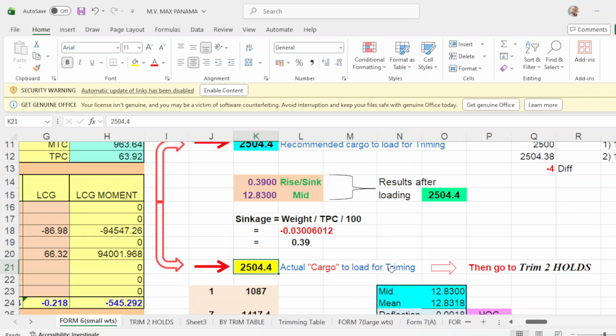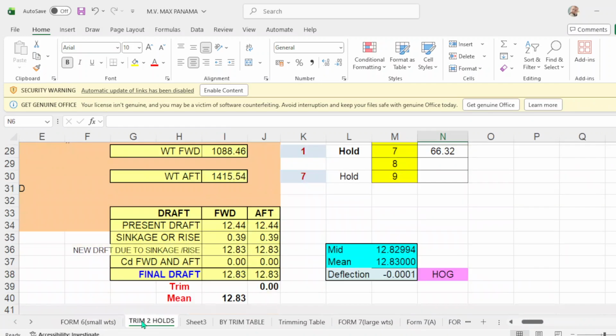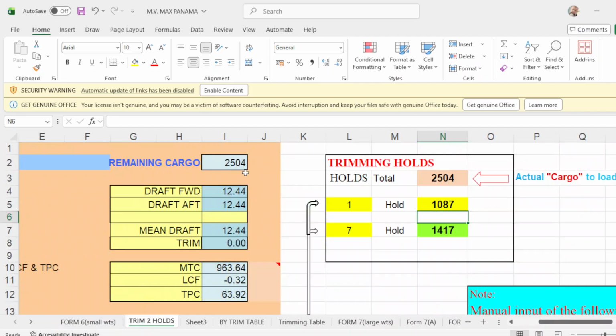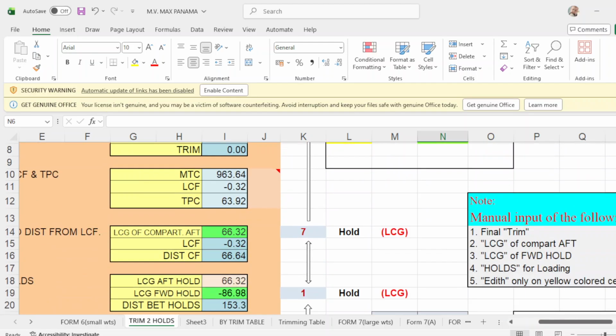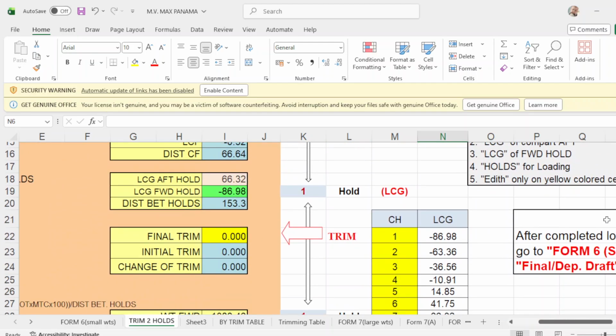We just put, let's say, 2504. But usually we use 2500, but we don't use 2004. Anyway, we'll just use this one, 2504. So we go to trim holes 2, and take note, 2504. Our trim holds are 1 and 7, and we have zero trim.